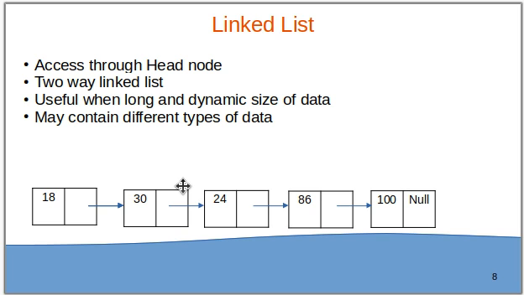We cannot decide the size of the data before compile. So in a linked list it is easy to dynamically change the size at runtime, and as this node is separated from this node, this can contain different types of data. This may be integer type data, this may be string type data, and so on. This may be float type data. So there is no restriction of using the same type of data in a linked list.